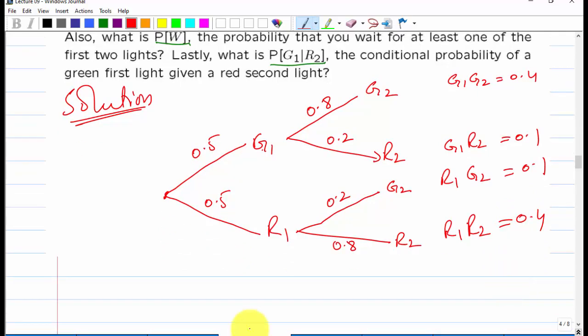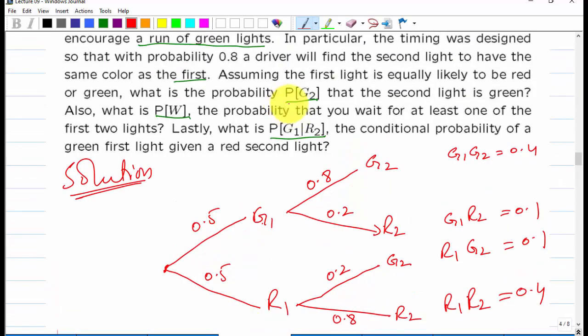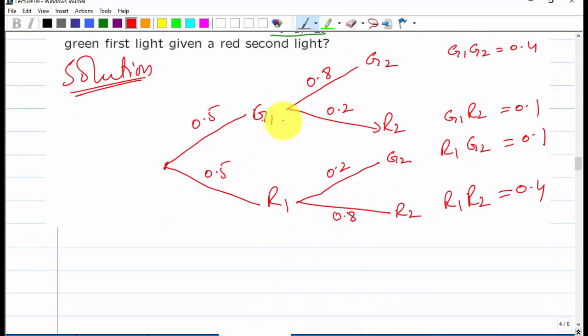Now the first question asks: what is the probability of a second green light? The second green light is here and here.